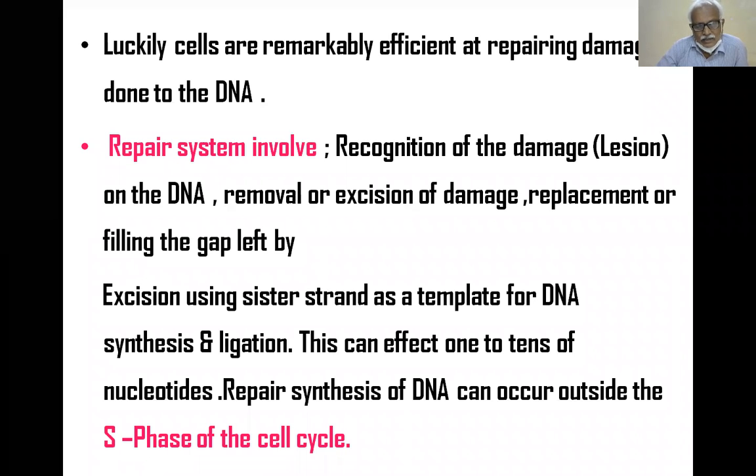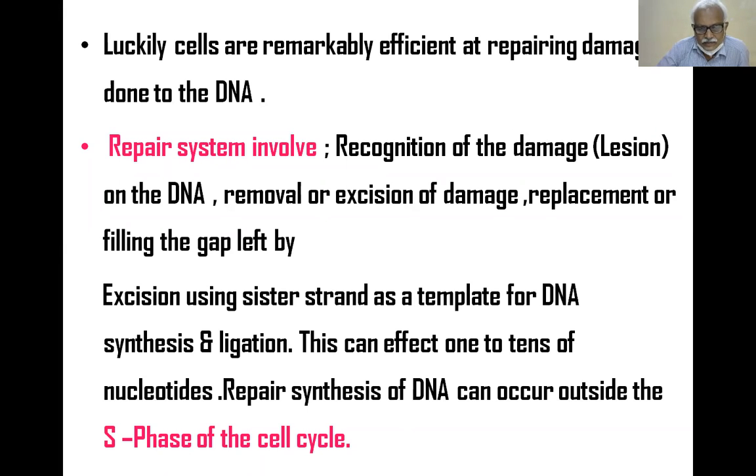Excision of that damaged portion using a sister strand as a template for DNA synthesis and ligation. So this can affect 1 to 10s of nucleotides. So you can lose 1 or 10 of the nucleotides by excising and then ligating the normal healthy sister strands.